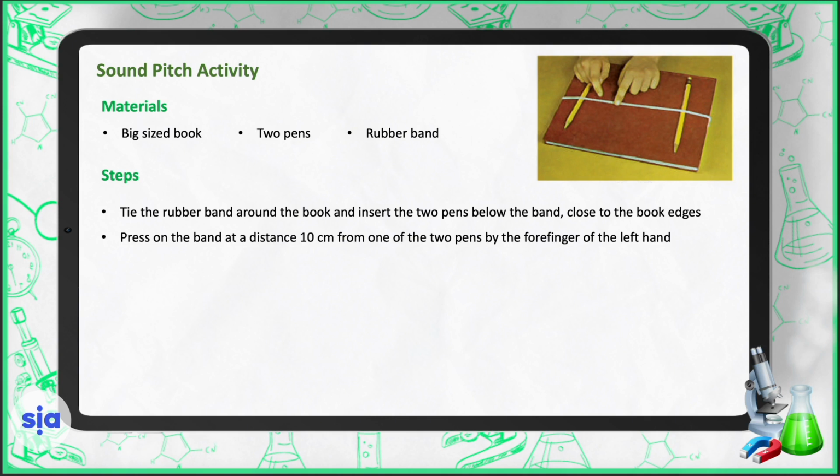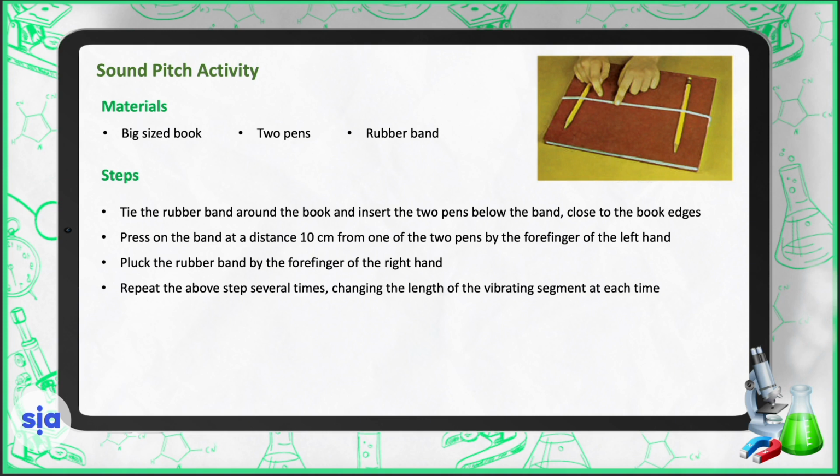Press on the band at a distance of 10 centimeters from one of the 2 pens with the forefinger of the left hand, and then pluck the rubber band with the forefinger of the right hand. Repeat the above step several times, changing the length of the vibrating segment each time.